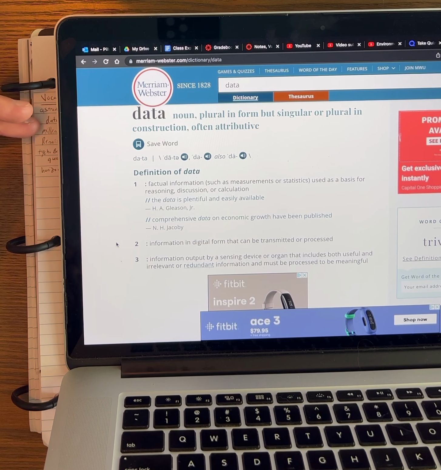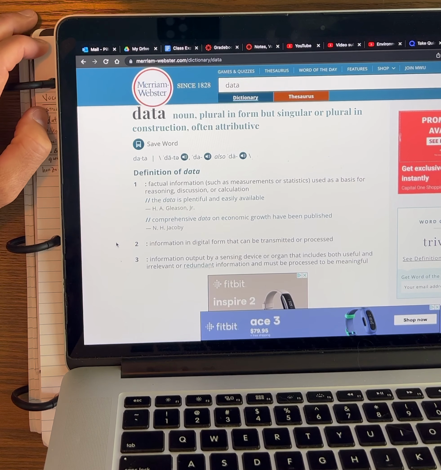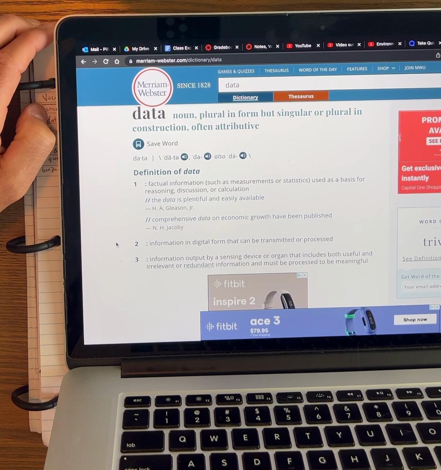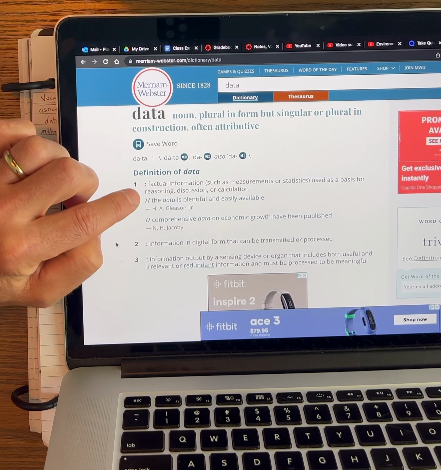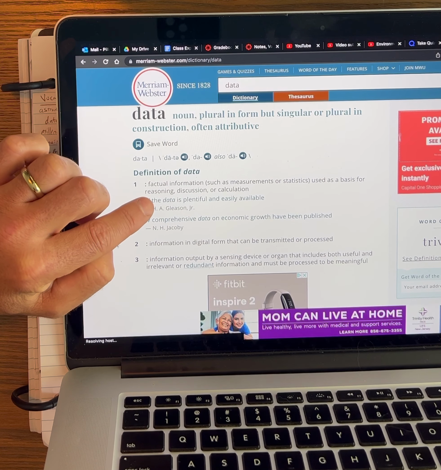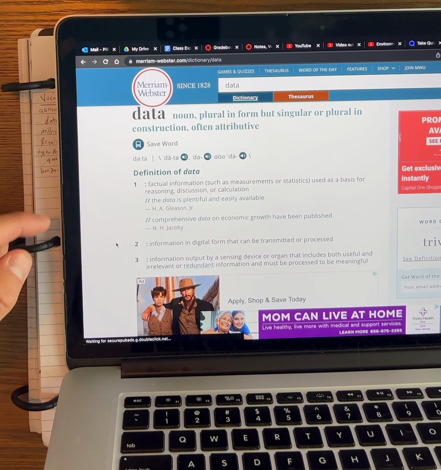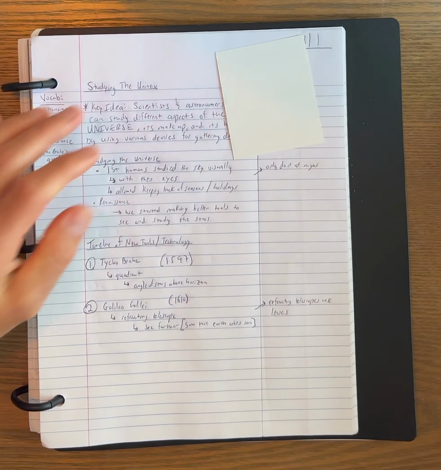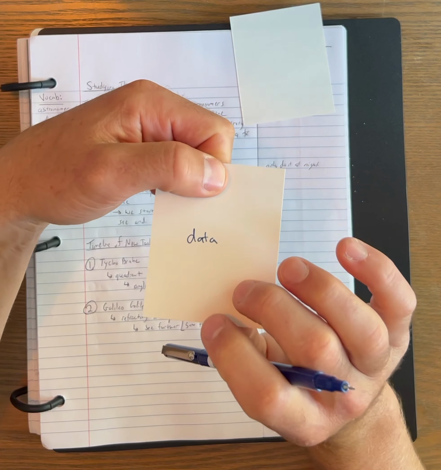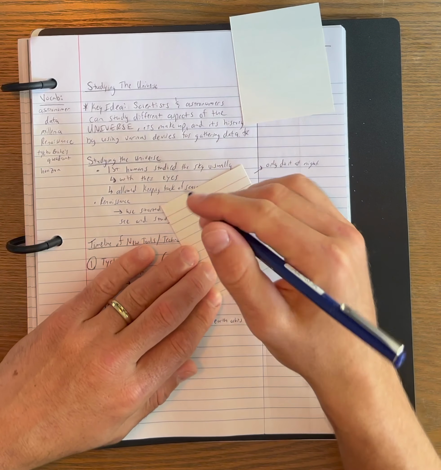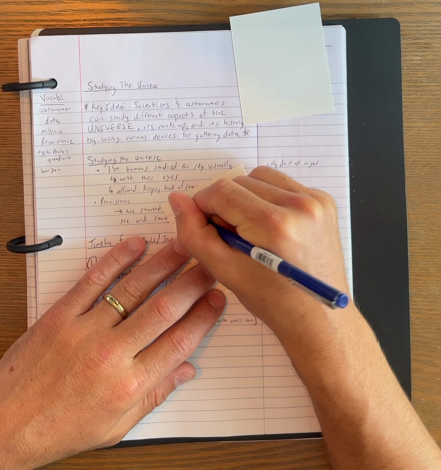In our notes, and this is our first one as an example, it was just talking about collecting data from observing the sky. So this definition, factual information used as a basis for reasoning, discussion, or calculation, that is the correct one. So we're going to take our note card that has data on the front, on the back, we're going to write the definition.